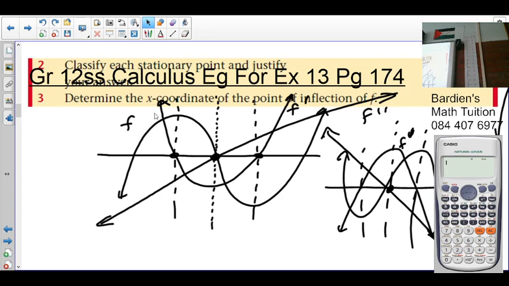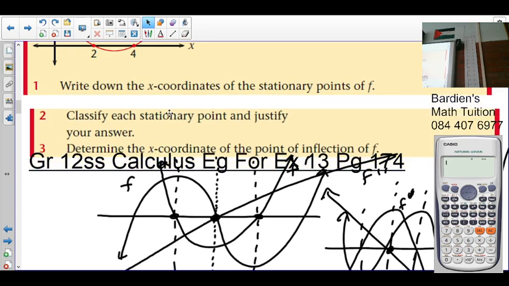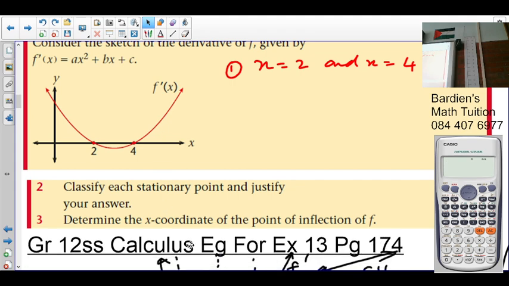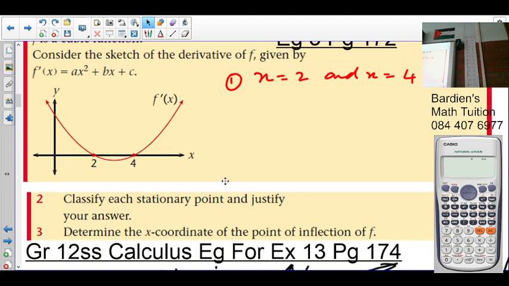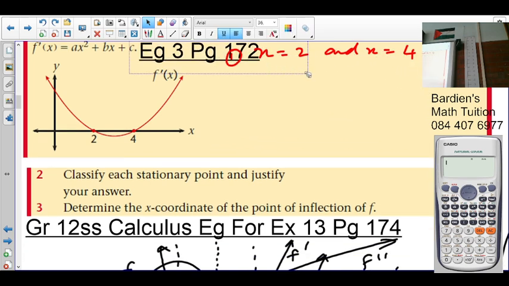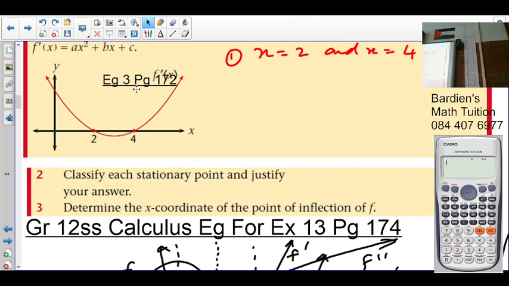Oh yeah, it says classify. Now we are asked to classify the stationary points and justify your answer.